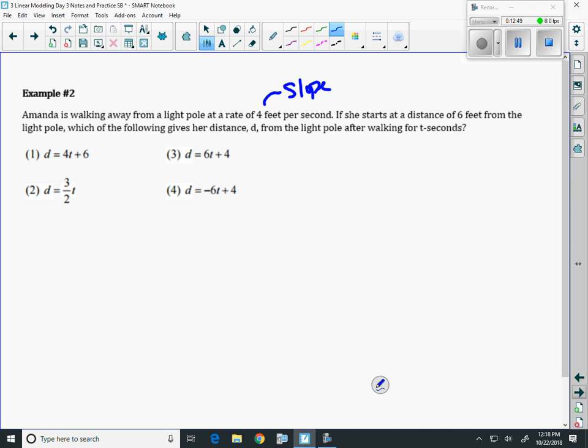The word start, initial, starting point, there are a lot of different words we can use there. Because she starts at a distance, this is our y-intercept. So which equation would match up here? Yep, y equals 4x plus 6. That corresponds to number 1.